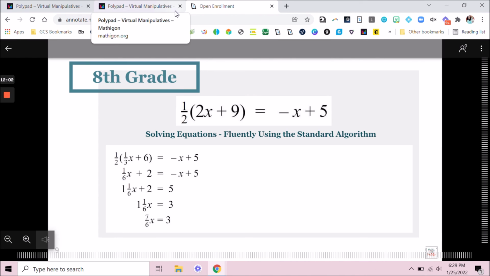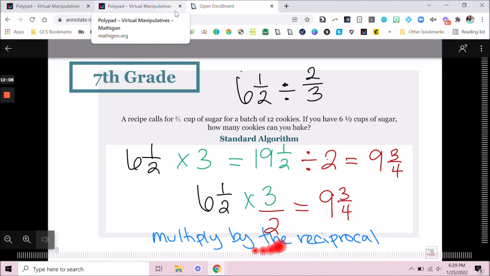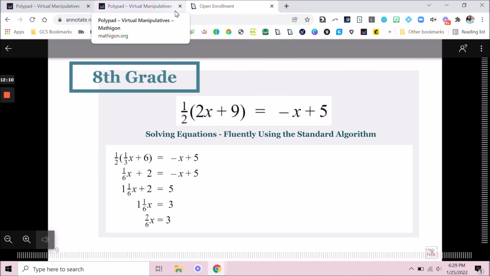In 8th grade and on up, as we're solving equations, students are expected to use that algorithm, which is way faster, multiplying by the reciprocal, to solve problems instead of drawing out those visuals. So here, in the last step of this equation, I know I need to divide both sides by 7/6.